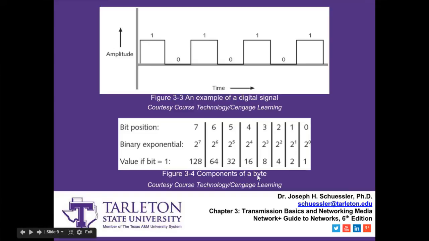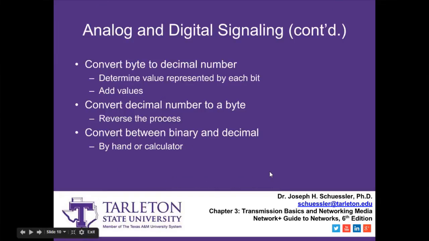You could reference this to the ASCII table and pick out specific numbers or letters that a particular byte might represent. So it's 128 plus 64 plus 32, and when you add all those up, you'll end up with 0 through 255, 256 different combinations.